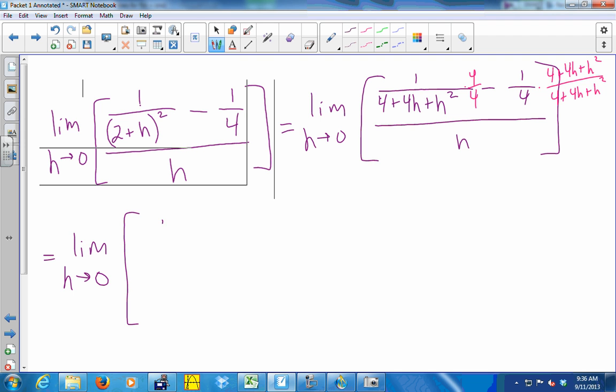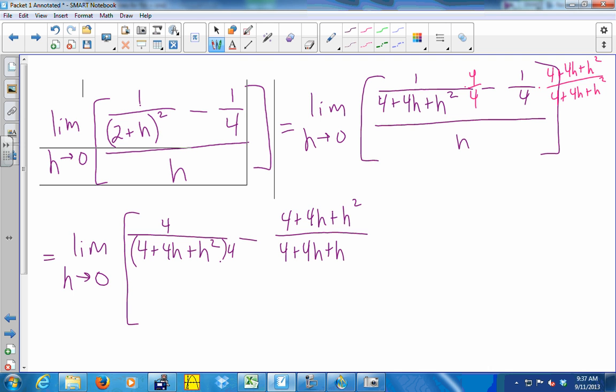All right, 4 over 4 plus 4h plus h squared minus 4 plus 4h plus h squared over, oh, sorry, there's a 4 here. This is still all over h. I'm just carrying it along for now.